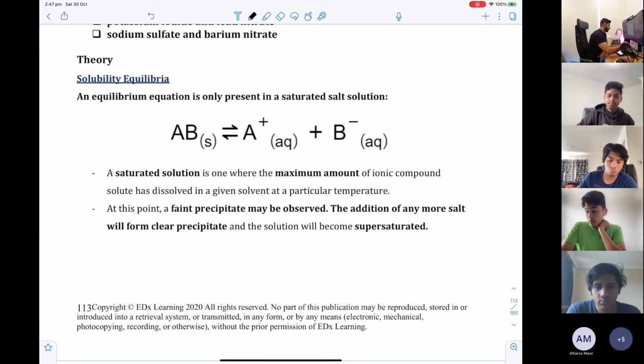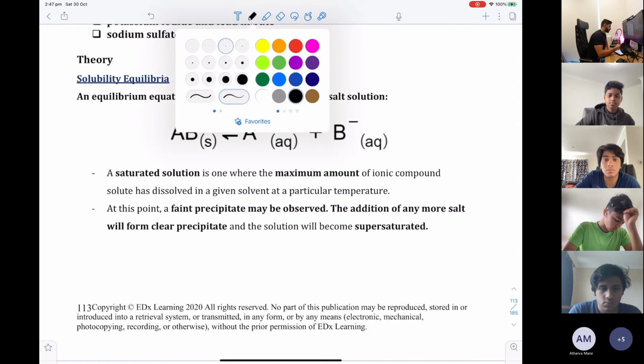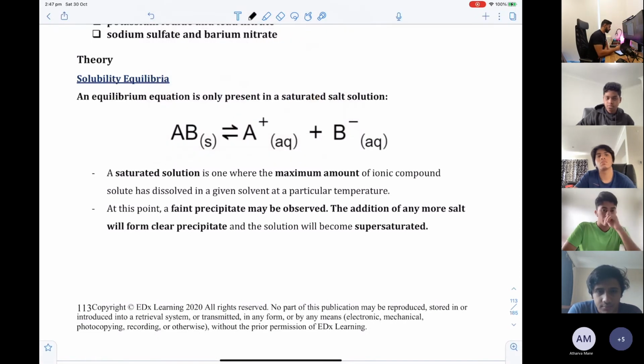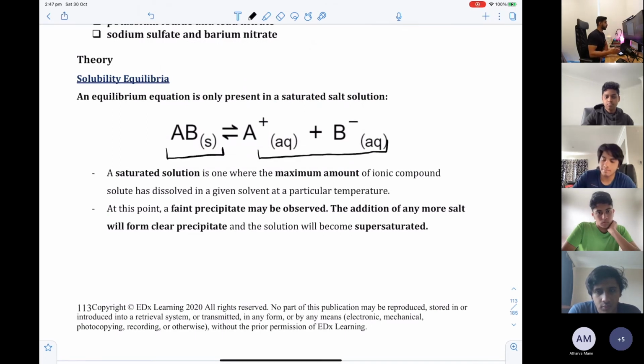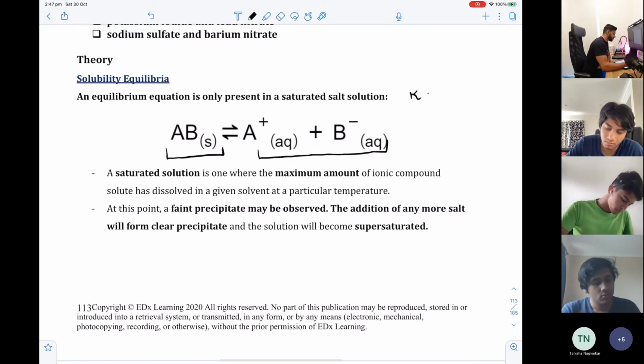All right, so I guess when we're doing calculation questions, it's the exact same principles, right? It's write your equation, then write your data. Now, whenever you're writing your equations, this is just a small point, but it will help you so much. Make sure the solid is always on the left-hand side, and make sure your ions are always on the right-hand side. So do not write it the other way. And the reason is, when you find the K constant for these questions, which is what you're going to be doing, right?